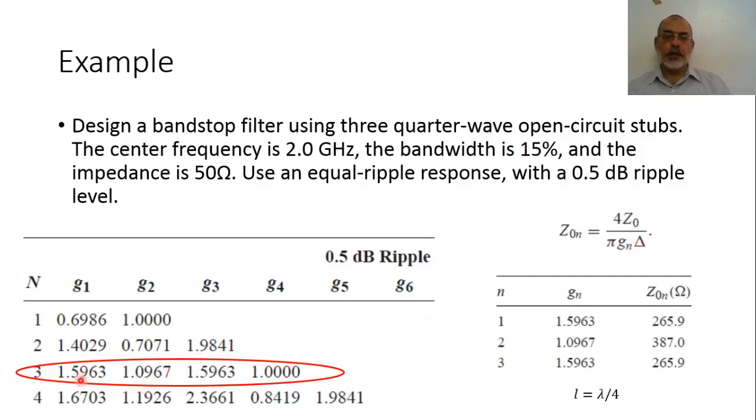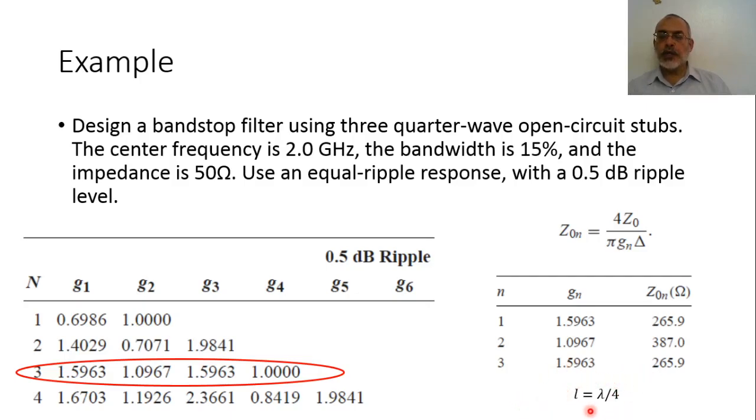So by applying these values, we can obtain the required characteristic impedance of the first stub, second stub, and third stub. From these values of the characteristic impedance, we determine the width of each stub. On the other hand, the length of all stubs are equal, which is lambda by 4.